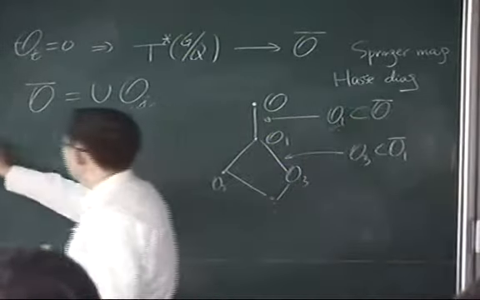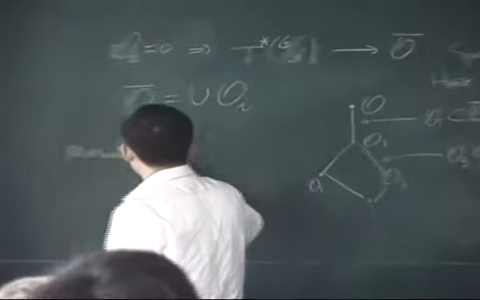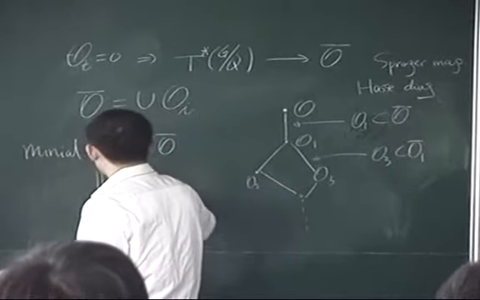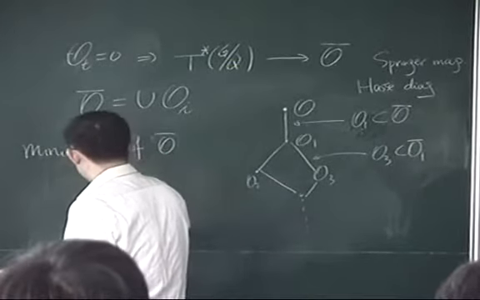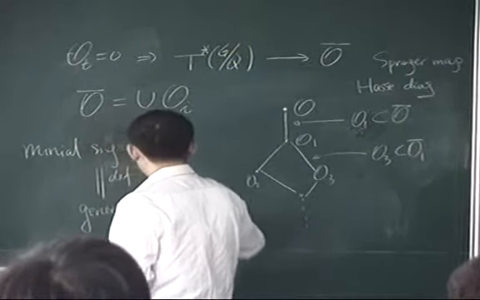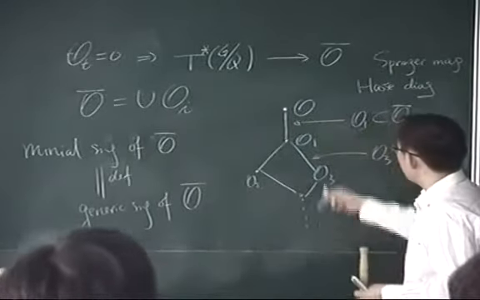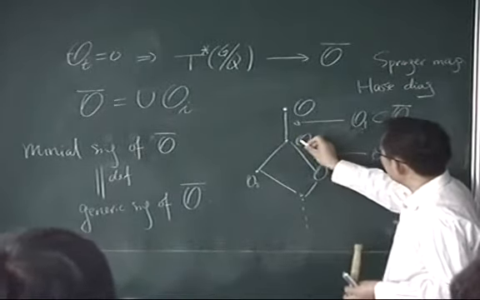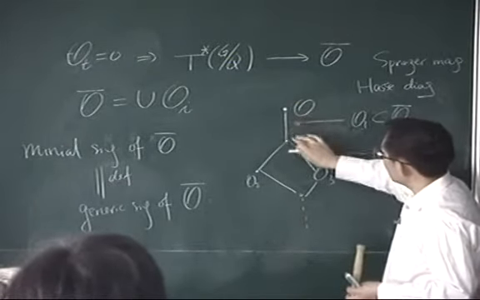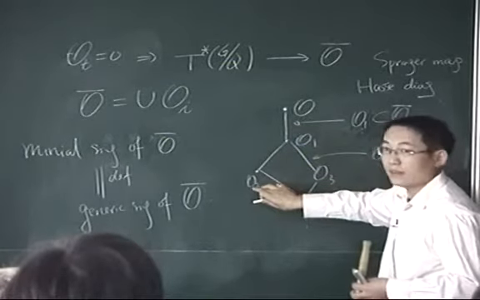The definition is just the geometric singularities of O bar. So I just consider the biggest orbit contained in the closure, in the singular part, and I consider the singularity along this orbit, but not the small one.